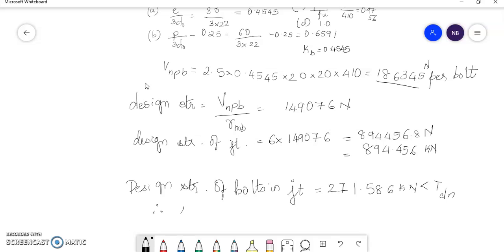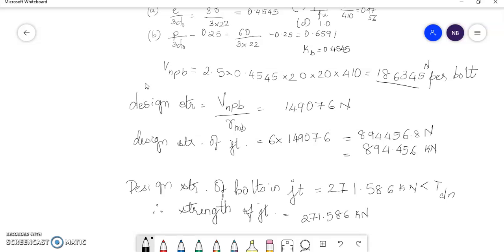Therefore, the strength of the joint is the minimum between the strength of the bolts and the strength of the plates. So the strength of the joint will be 271.586.